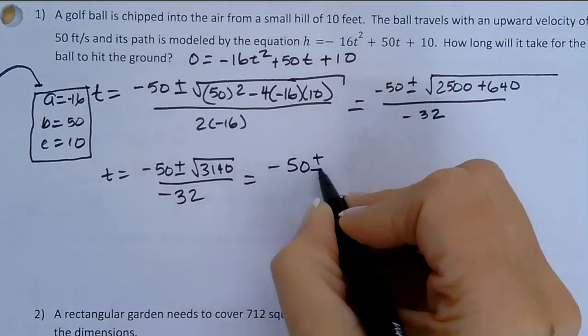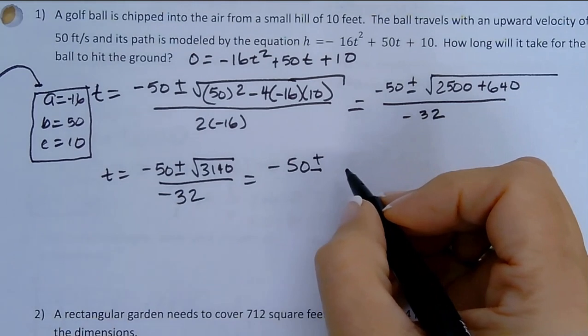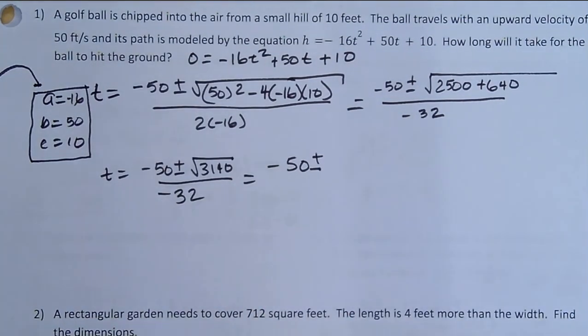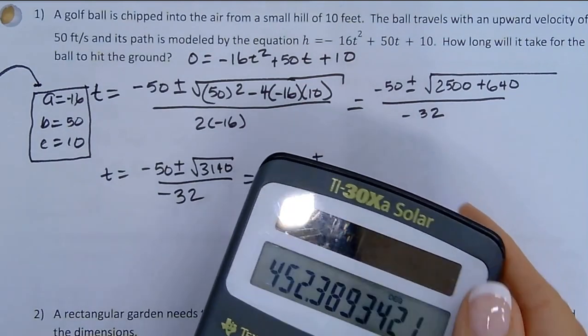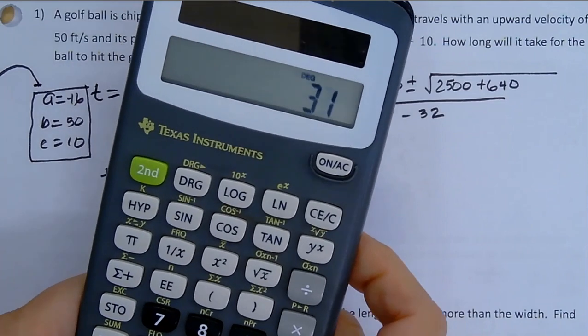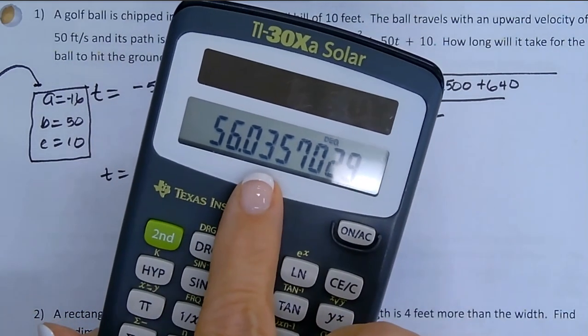Square root of 3140 doesn't simplify to be an integer, so I'm going to use my calculator, and I'm going to say 3140 and hit the square root button. 56.035.